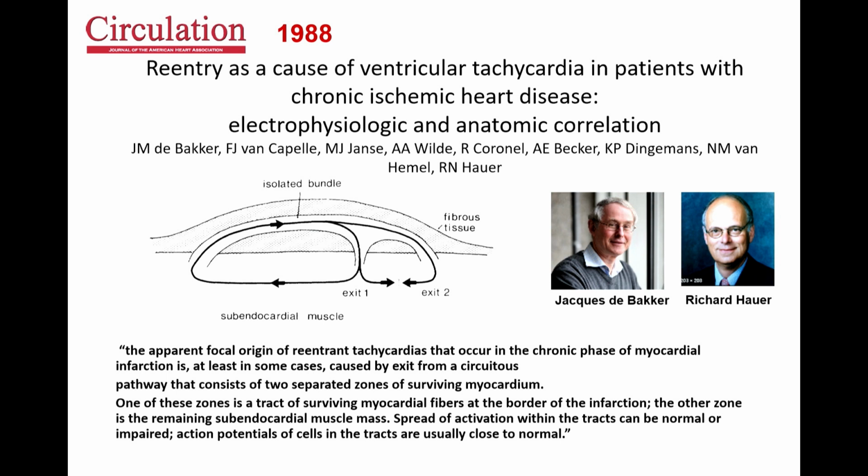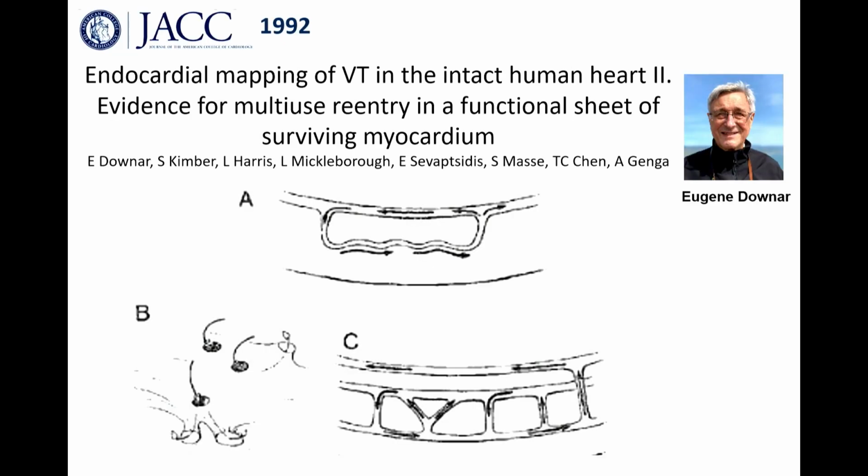And then we, extending from the work observed by De Backer and Hauer in explanted hearts, that you can have these geometrically complex reentry circuits and intramural components of the reentry circuit, thought that we could exploit these pacing maneuvers to identify critical sites of the reentry circuit when you couldn't map the entire circuit.